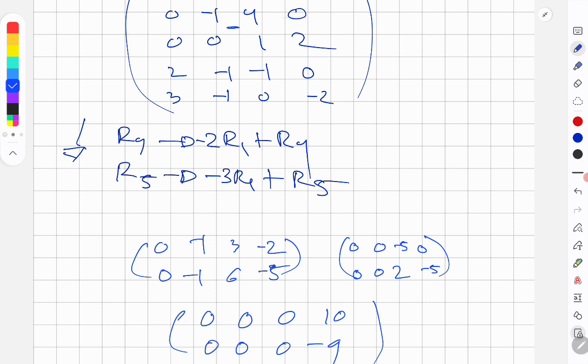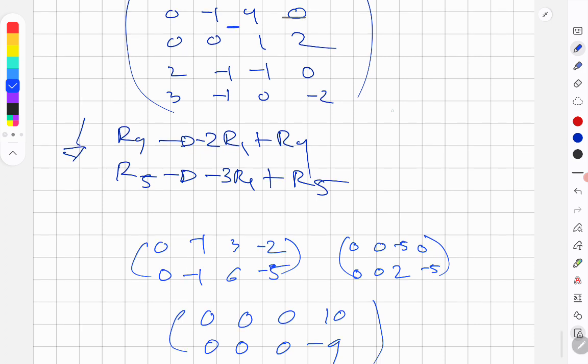It's a bit confusing. You said that we do not touch this one, we keep it, but still I plan to change it. So how do we get this? For the first row, I multiplied by 5 and added it over here.